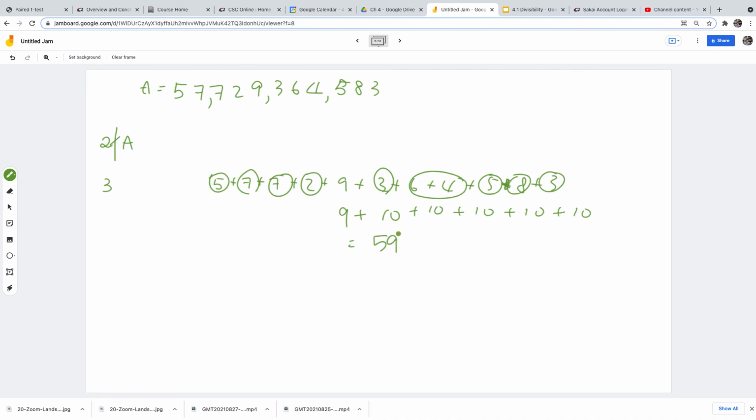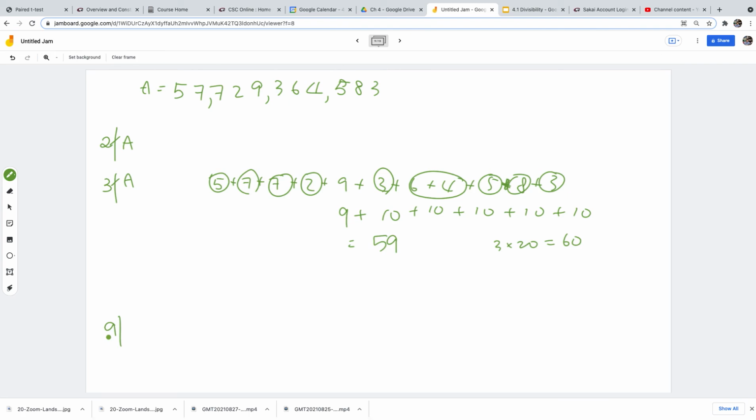So I have 1, 2, 3, 4, 5, 59. Is 59 divisible by 3? No, it's not, right? 3 times 20 is 60. 59 is only 1 less, not 3 less, so it's not. So 3 does not divide A. Then we can do the divisibility by 9 too, right? Is 59 divisible by 9?